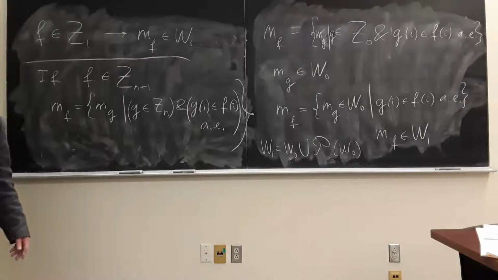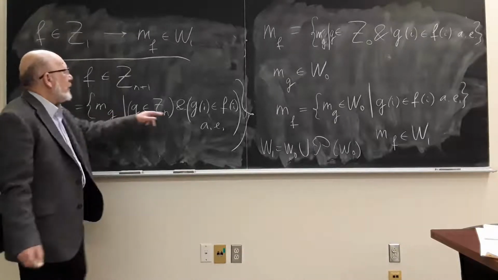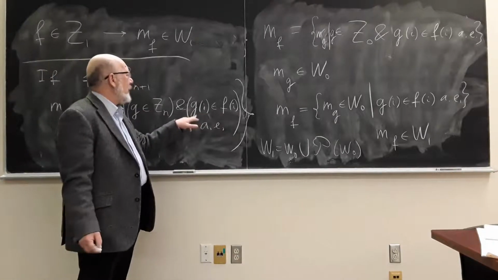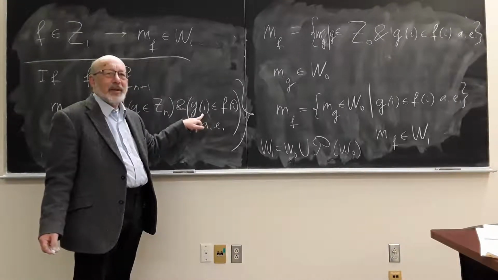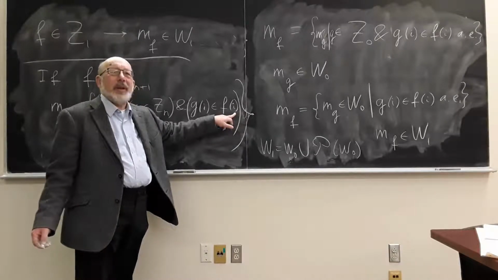So we're going higher and higher. It makes sense that G of I is an element of Sn, and Fi is a set of elements of Sn.